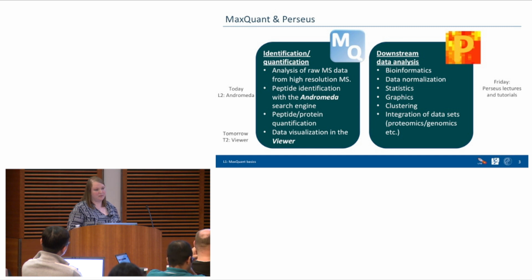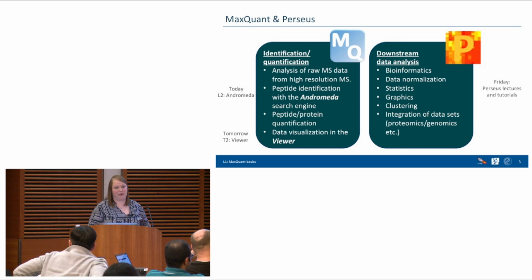Those files are tab separated, and you can load them into Perseus. Perseus also accepts any file as long as it's tab separated, so it does not necessarily need to be from MaxQuant.